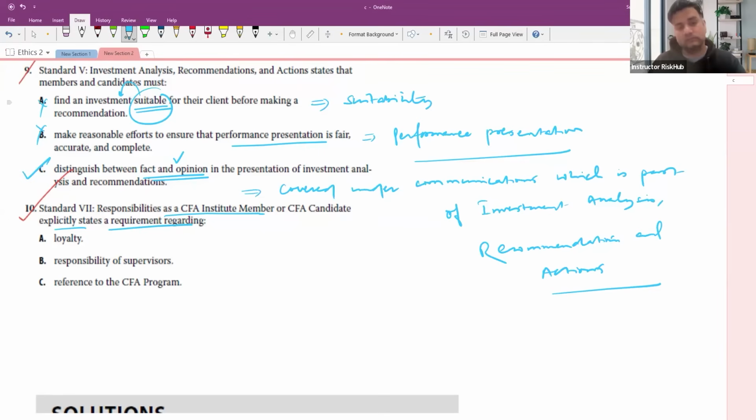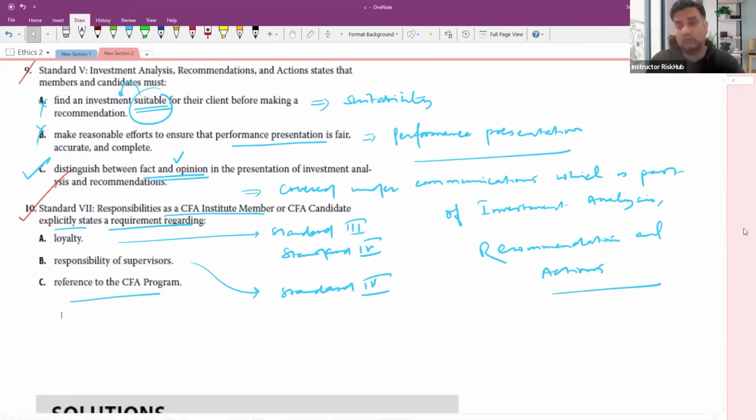Loyalty is covered in standard 3 and standard 4. Then responsibility of supervisors is also covered in standard 4.